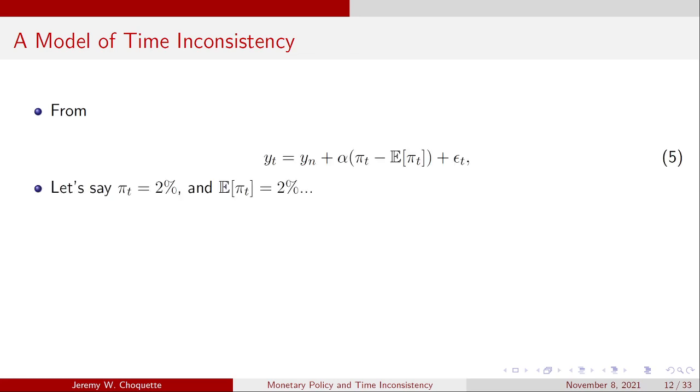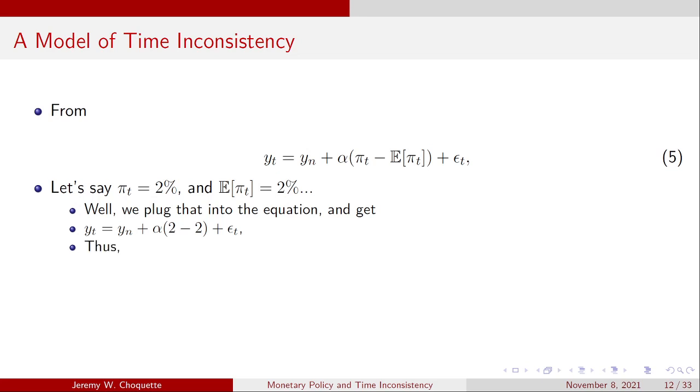So from this Phillips curve for output, let's say inflation is 2% and expected inflation is 2%. Well, we're going to plug that into the equation. So Y_t equals Y_n plus alpha times (2 minus 2) plus epsilon_t. Well, that 2 minus 2 just reduces to 0.